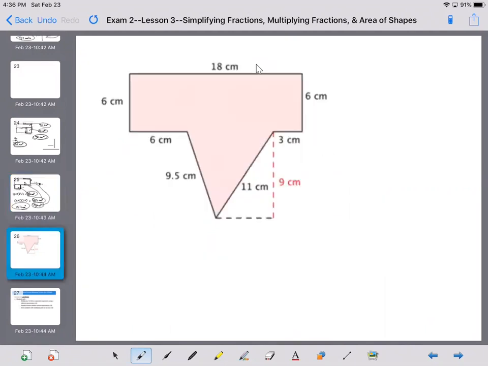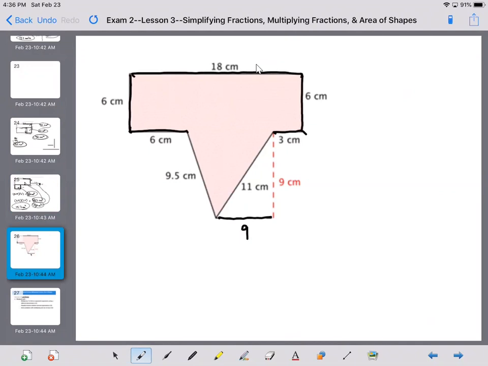And let's look at one more. So if this one is 18, this will be 6, this will be 3, so that's 9, so that makes this have to be 9. And if this is 6, of course that is 6.